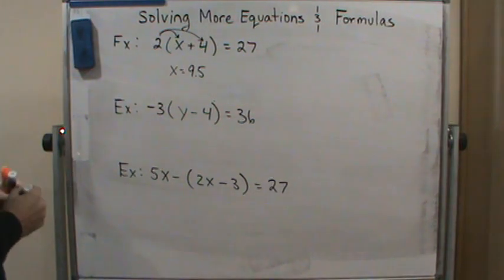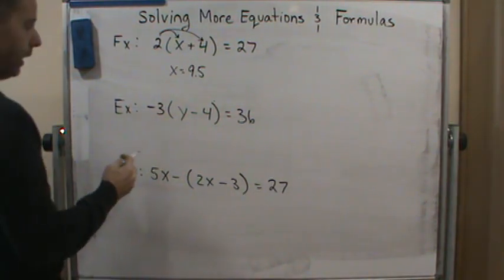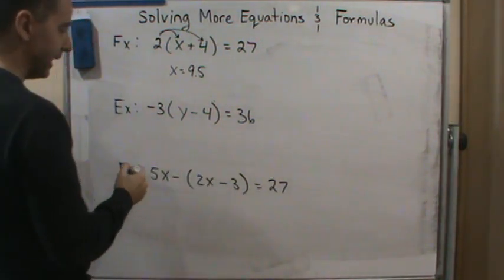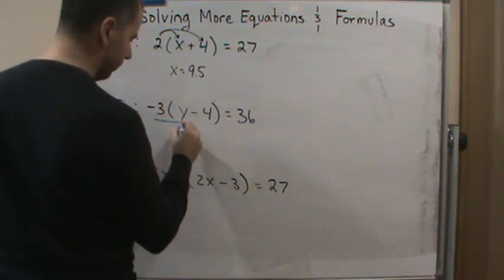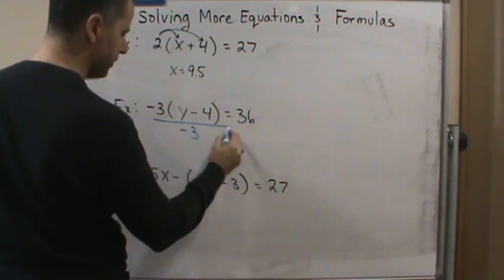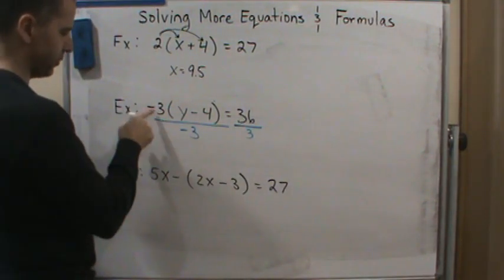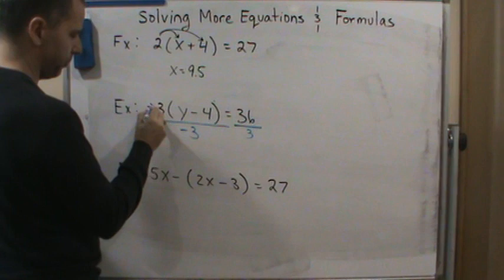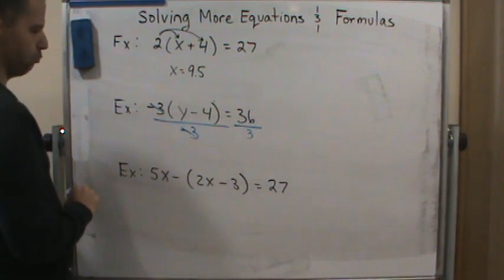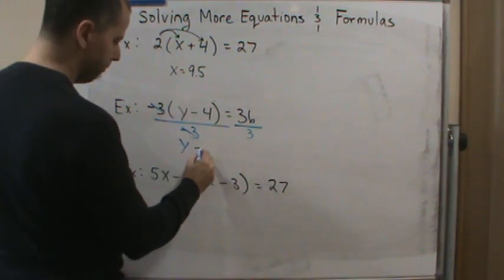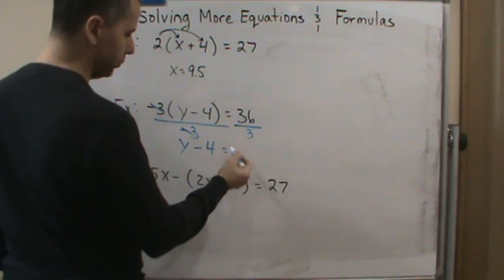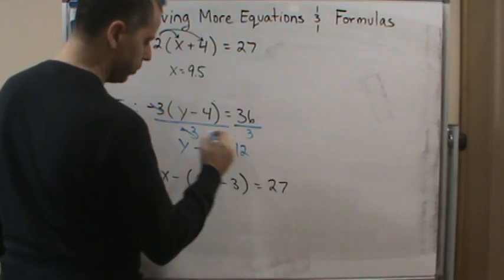Okay, now what about this one? Okay, what do we do? Well, I'm going to divide both sides by negative 3, right? Since I'm multiplying, I'm going to divide, so negative 3 divided by negative 3 is 1. And then I get y minus 4 equals what?